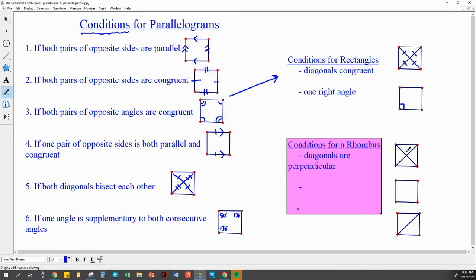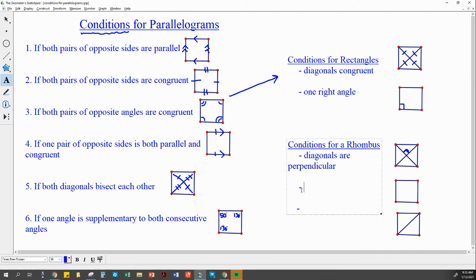If our diagonals are perpendicular, that means we have, hold on, that means we have 90 degrees here in the middle, all right? It's a very special occurrence with rhombi or rhombuses, all right?